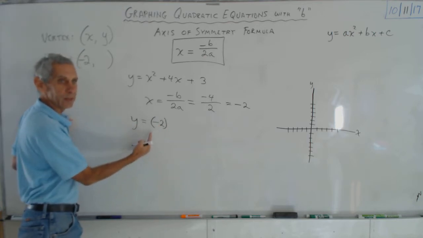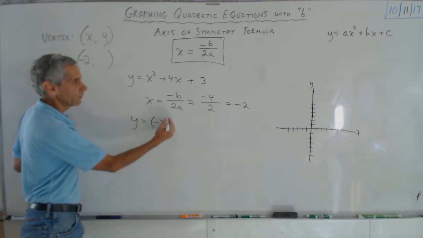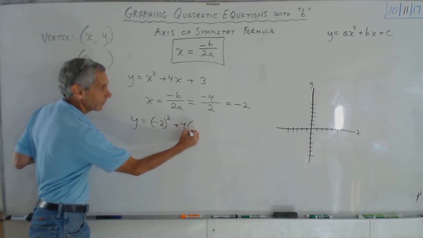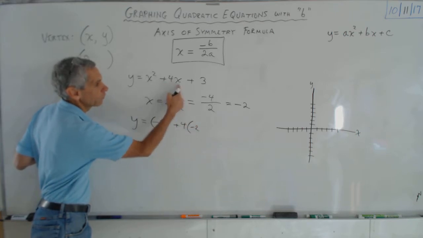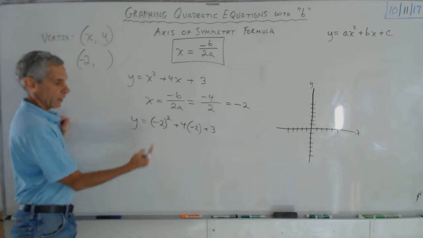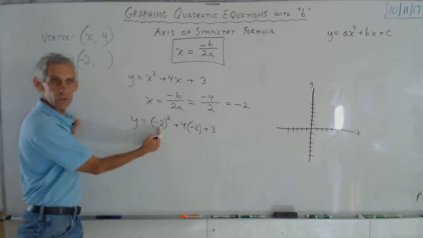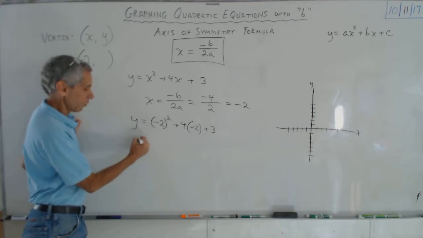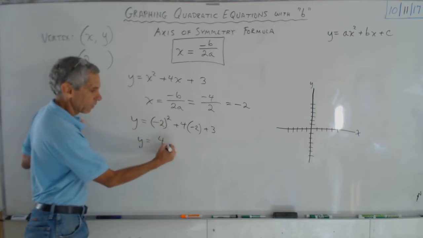Don't do any of this in your head. Just put -2 in parentheses. You put a squared afterwards. Plus 4 parentheses -2. Plus 3. Now, -2 squared is -2 times -2, which is positive 4, right? So y is equal to positive 4.